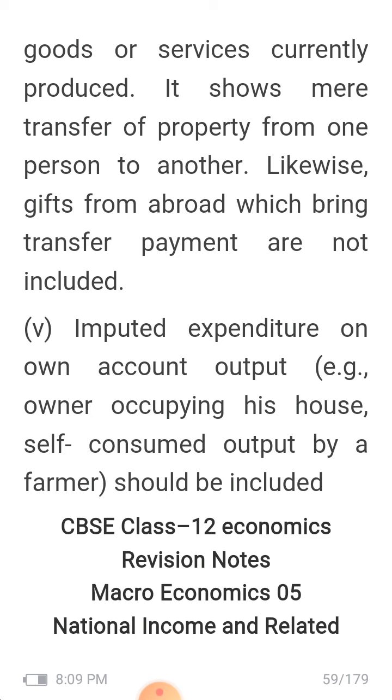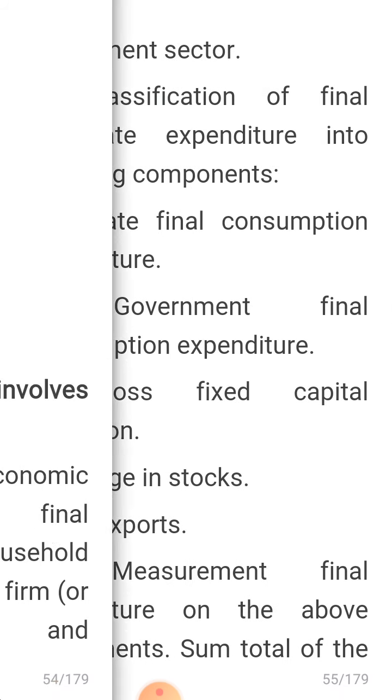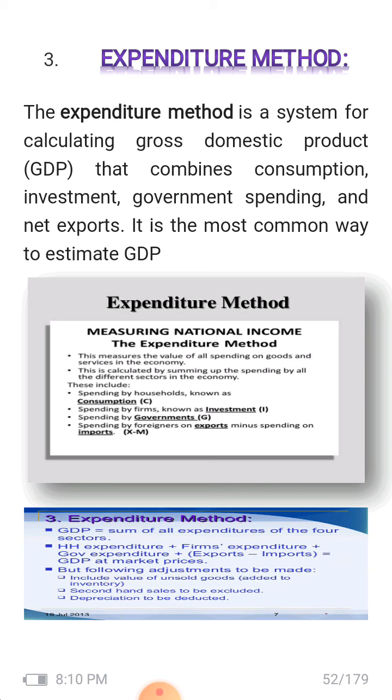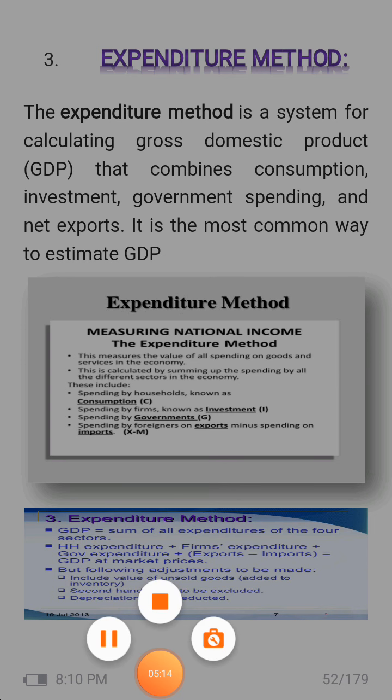Likewise, gifts from abroad, which bring transfer payments, are not included. Imputed expenditure on own account, meaning an owner occupying his own house or self-consumed output by a farmer, should be included. So we understand the third chapter, the expenditure method.